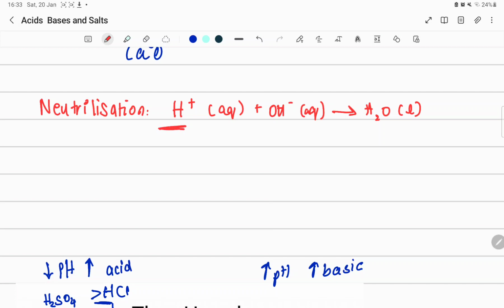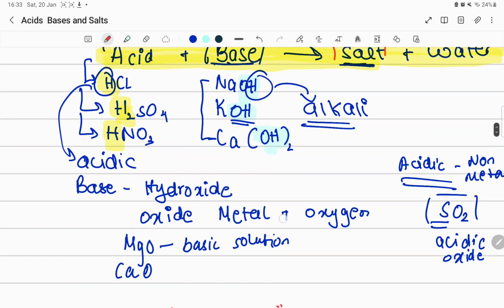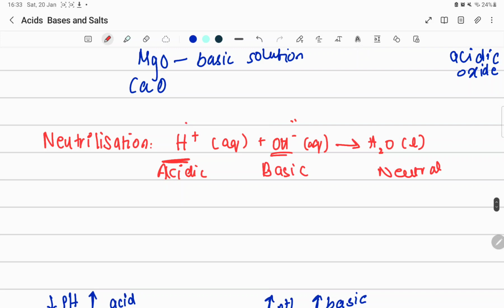This is from the acid, H plus representing your acidic substance, and OH minus representing your basic substance, and water representing your neutral substance, made from the ions that we are already using. This is why in our ionic equation, although you're getting a neutral salt as well, we are representing with H plus ion and OH minus ion, so your product in your ionic equation will be water.